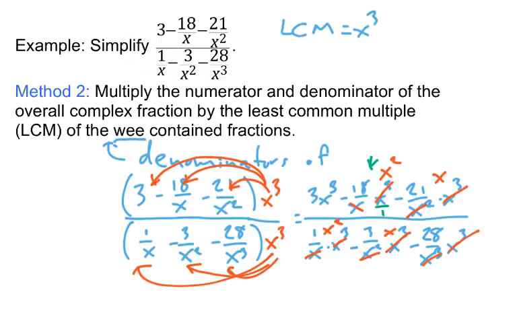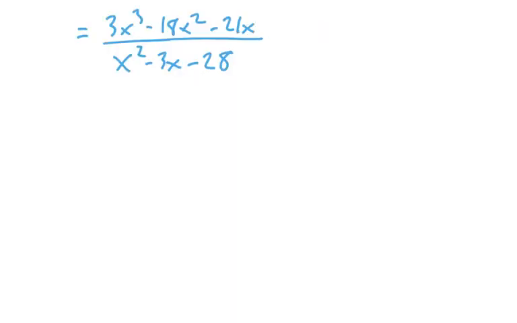I actually could memorize all that, amazingly enough. Now, if you notice when you do this little trick of multiplying by the least common multiple of the denominators of the wee little fractions, the fractions go away pretty quickly, and you get a fairly basic rational expression.